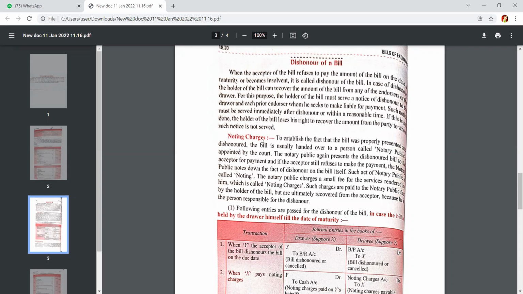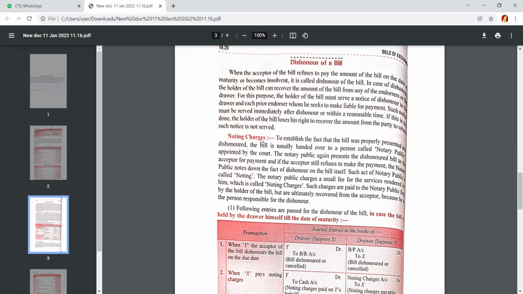Now, what are the noting charges? As the notice is to be given to the drawee, the drawer is liable to pay some charges. To establish the fact that the bill was properly presented and dishonored, the bill is usually handed over to a person called the notary public.